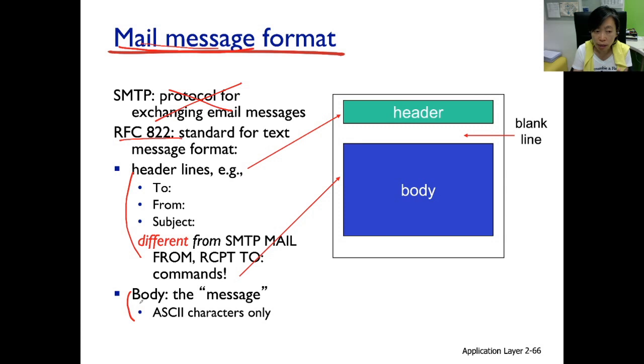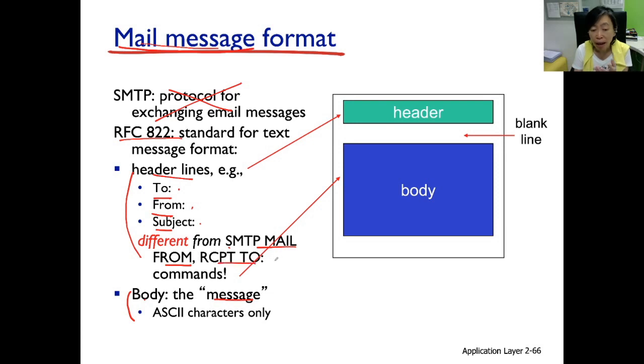In that protocol, the mail message format has two parts only. The header contains a number of header lines, specifying who the receiver is, who the sender is, and what the subject of the communication is. In the body, very simple, just the content of the communication. Note again that I tried to clarify: in SMTP, you see MAIL FROM, so this sounds like, following this command, you also tell who the sender is.